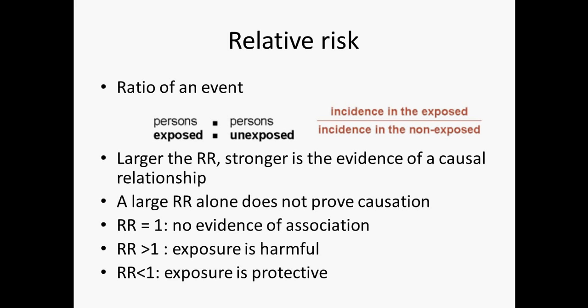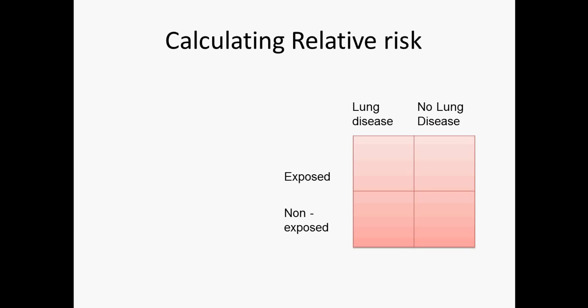Now let's move on to how to calculate relative risk. Going back to the previous slide, we said that relative risk is calculated by dividing incidence in the exposed by incidence in the non-exposed group. So let's look at a hypothetical example.